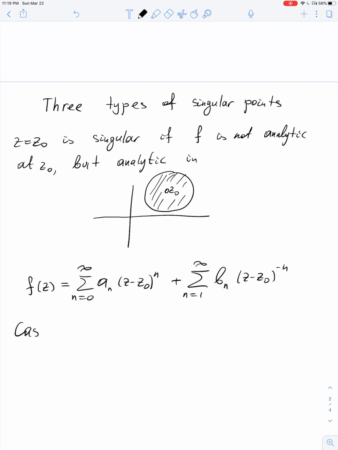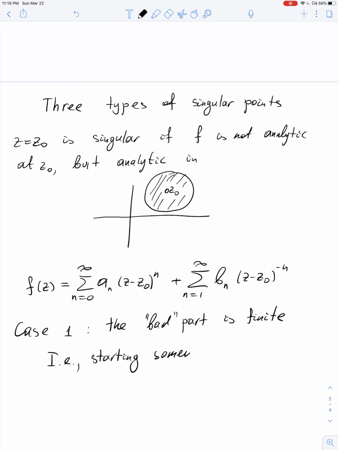So case 1 is when the bad part is finite, and this will be our main case, by the way.